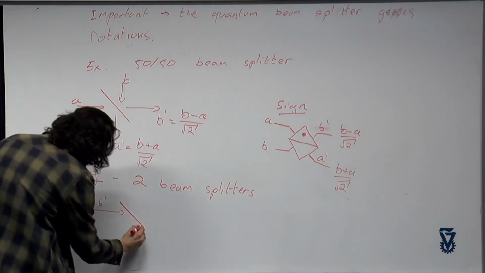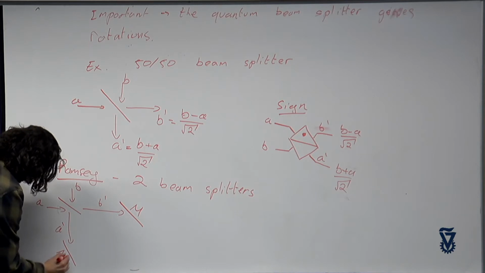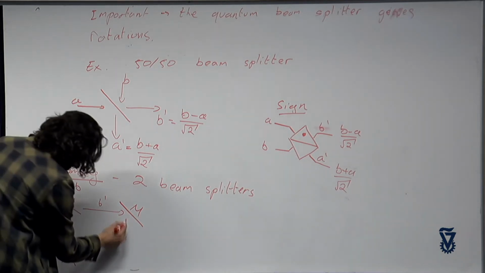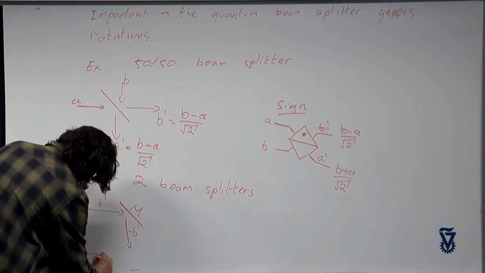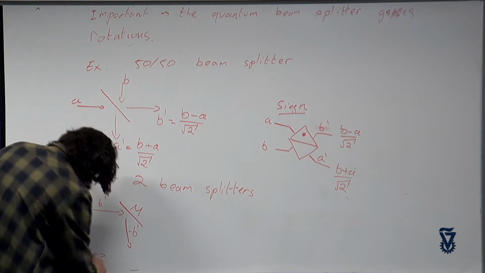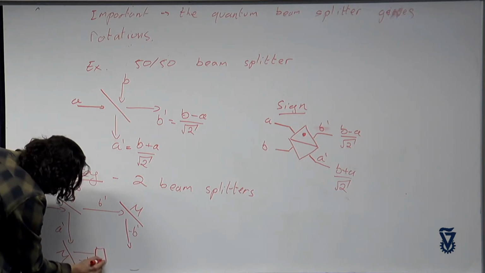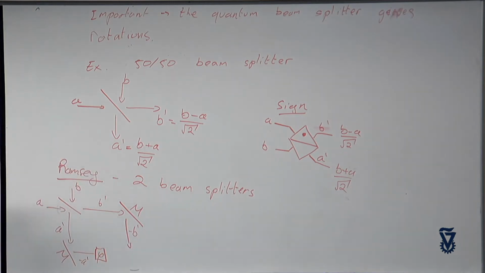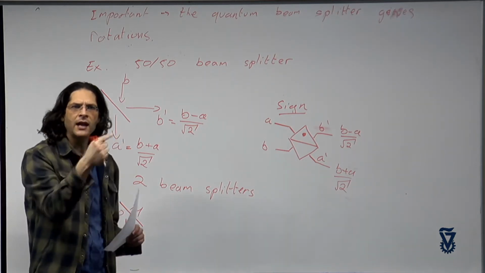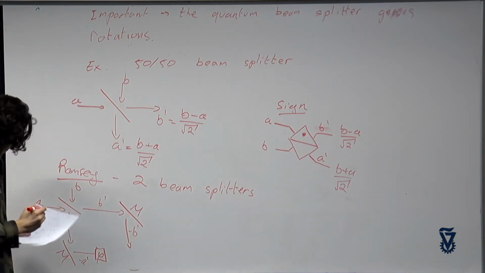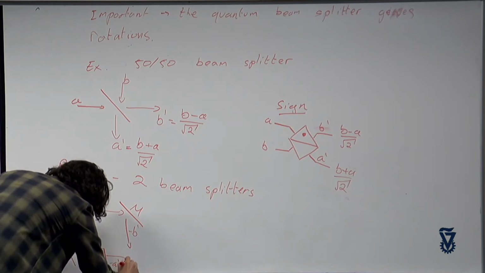Then we place two mirrors, M. So this mirror will reflect, so we'll get minus B prime. And here we'll get minus A prime. Now for A, what we're going to do is add a phase shifter. The phase shifter is the equivalent of being off resonant in the NMR setup. This phase shifter will give us minus A prime e to the i phi.